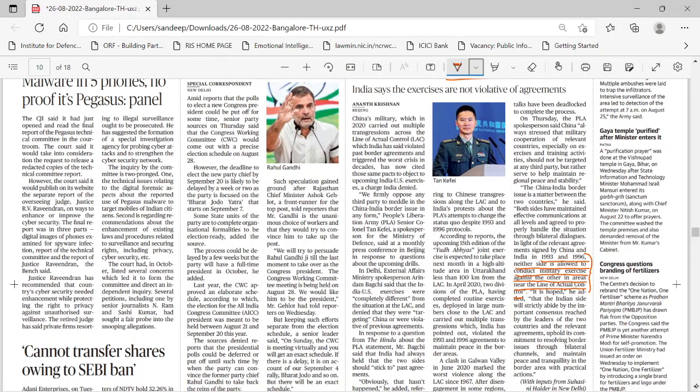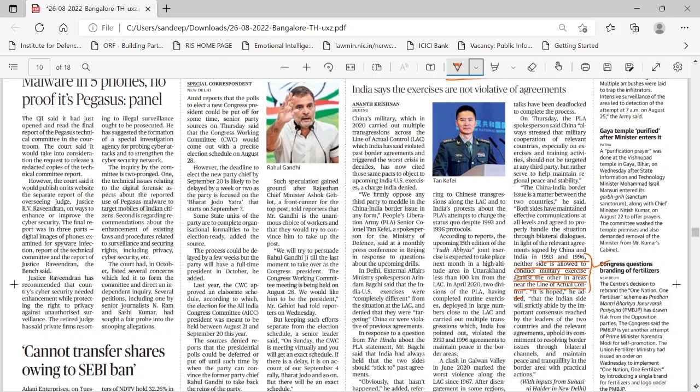But recently, China conducted military exercises near the Line of Actual Control. And India said, according to this agreement, what you are doing is wrong.